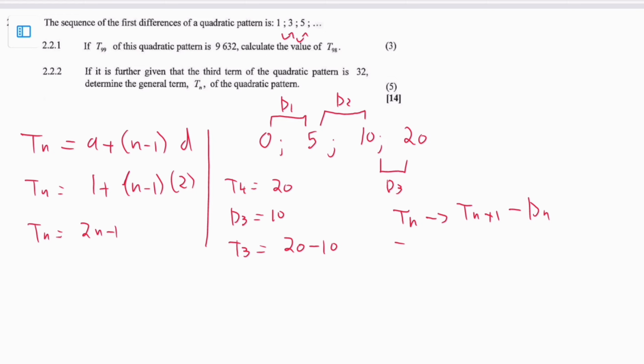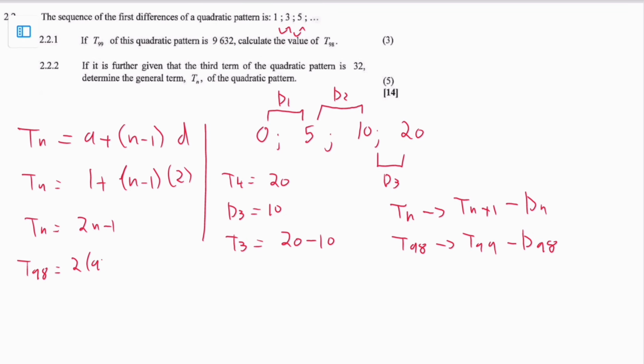So in this instance, T of 98, the 98th term of the quadratic sequence, is the 99th term of the quadratic sequence minus the 98th term of the arithmetic sequence of the first differences. So let's plug in 98 over here. We're just finding the 98th first difference. That should give you 2 times 98 minus 1. That should give you 195.